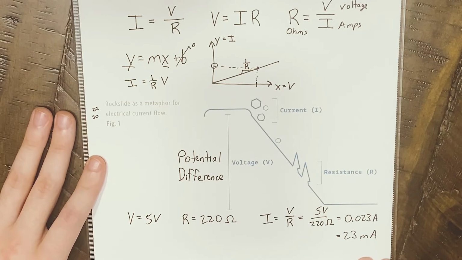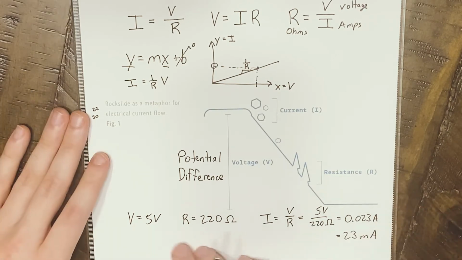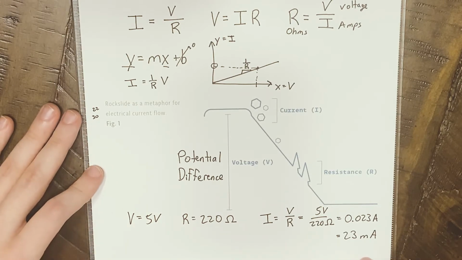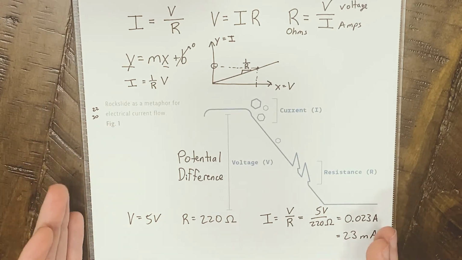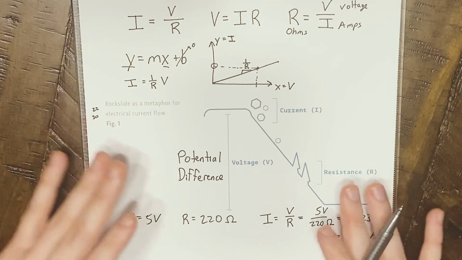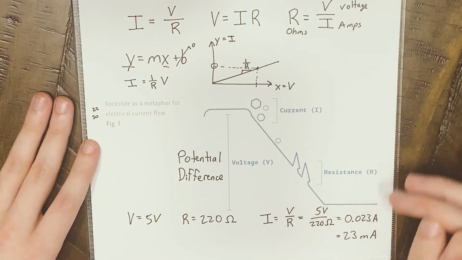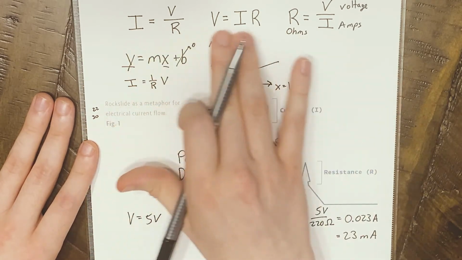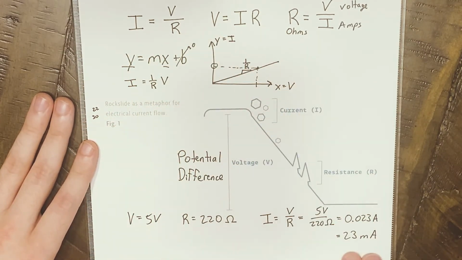But later on we'll have to use something called Kirchhoff's law, that when we have more complicated circuits, the voltages will get divvied up. We'll have to figure out what's happening to our current. It's going to be a lot more complicated, so it's good to understand the simpler cases like this of how to use one of these 3 relations here in order to solve what we're wanting, which in this case is current.